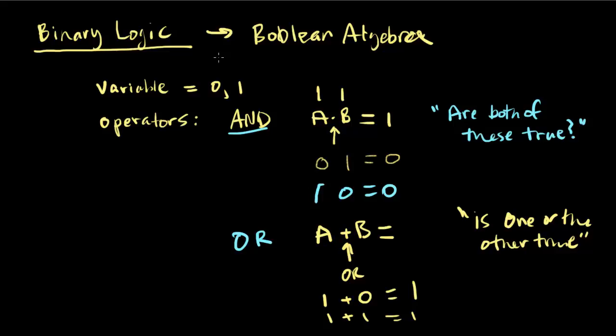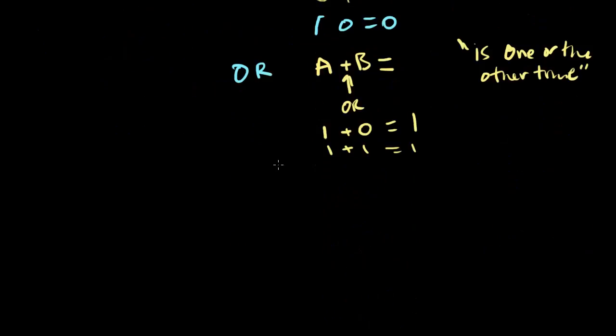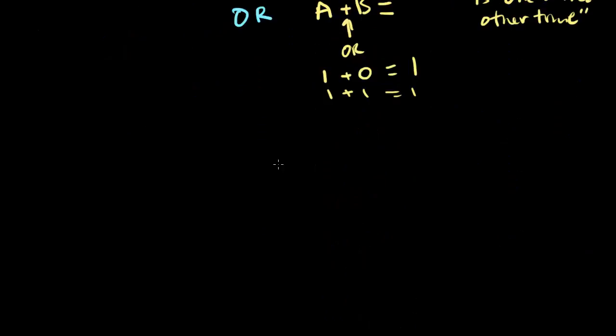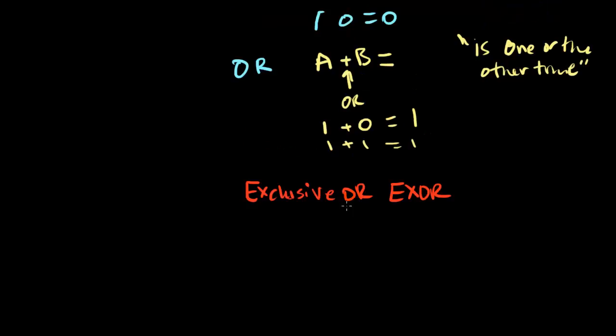So we have the variable itself, which can take on the values of 0 or 1, and we have operators such as AND and OR, and we have another operator, the exclusive OR, and that's called the EXOR.